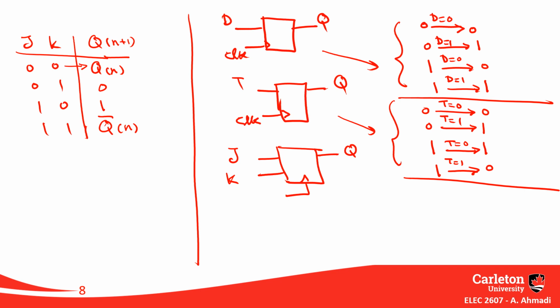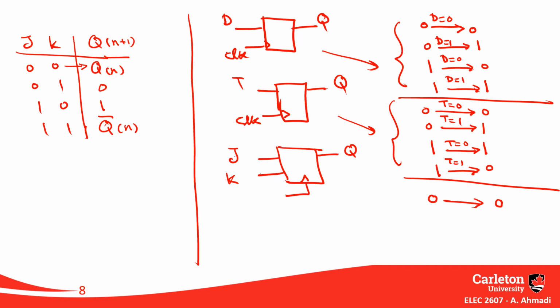If I tell you that my JK flip-flop right now has value 0 saved, what combination of inputs, J and K, will keep your saved value as 0? What combination of inputs of J and K doesn't change your value?